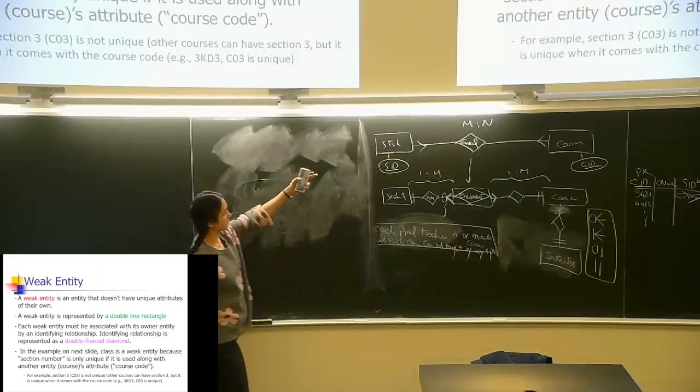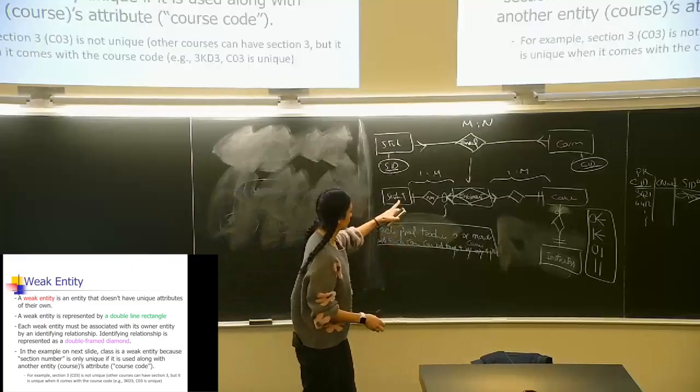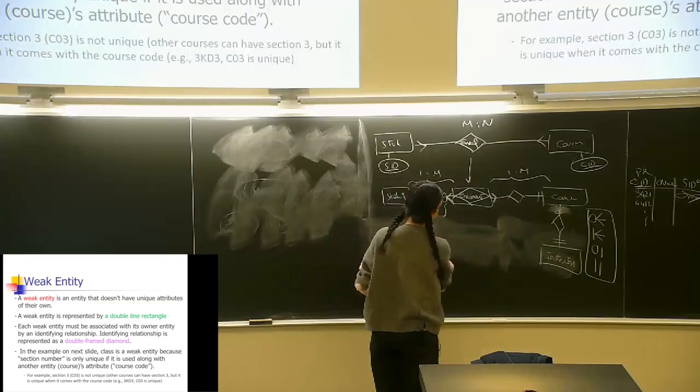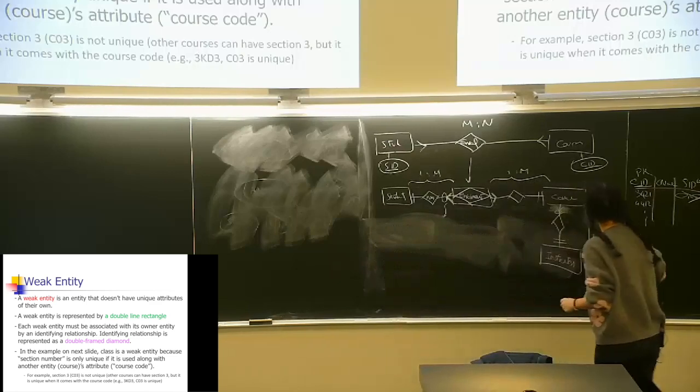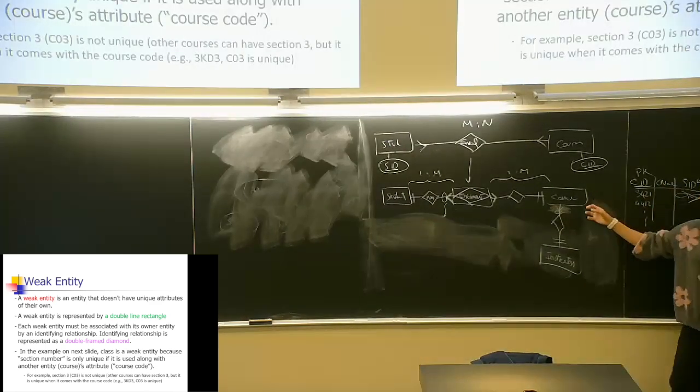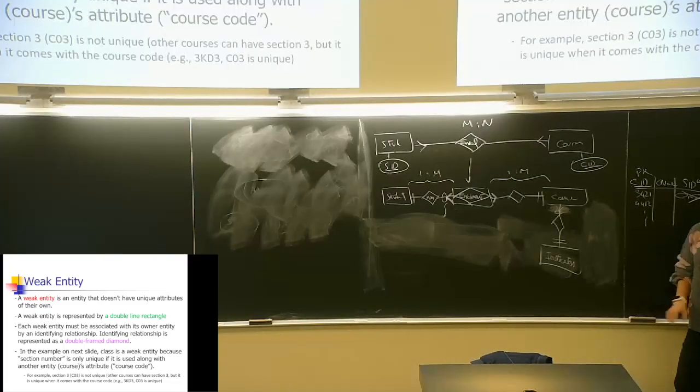So we can even continue with the same model here. If I want to add course sections to my model, how do you represent that? Think of different ways. How can you add a course section?